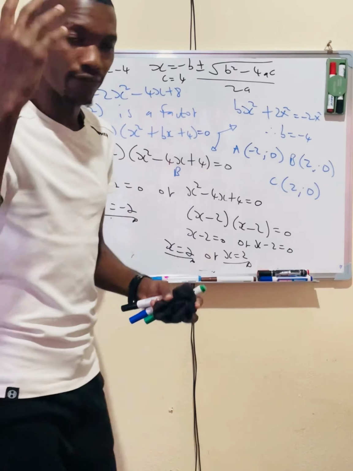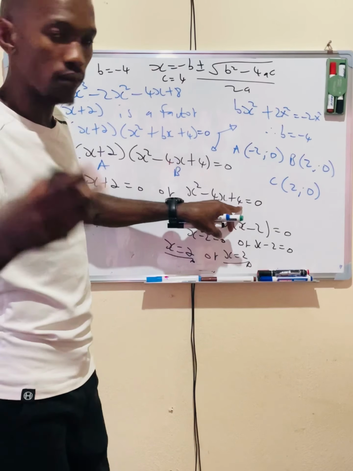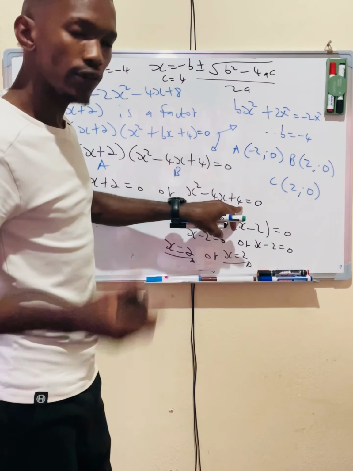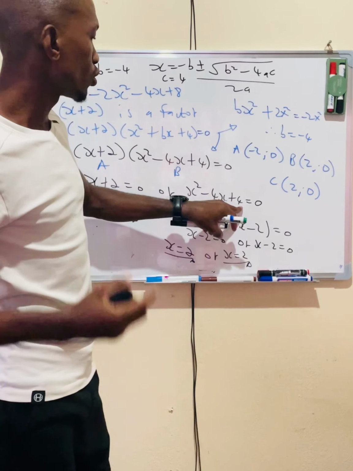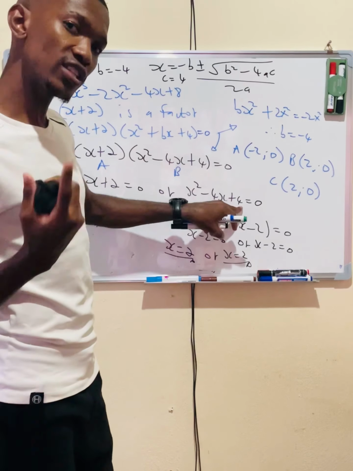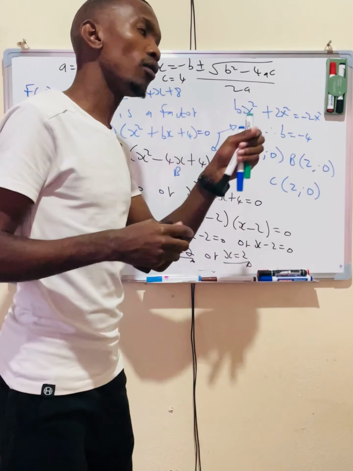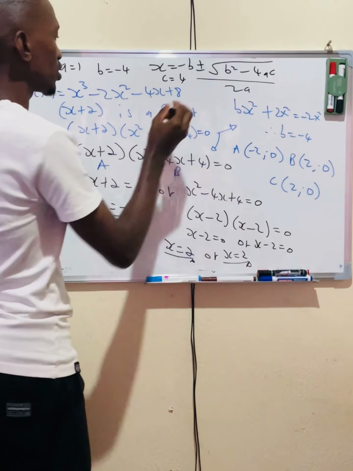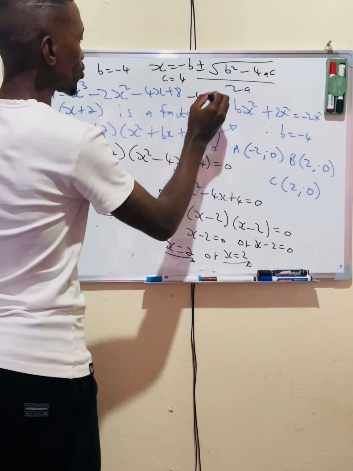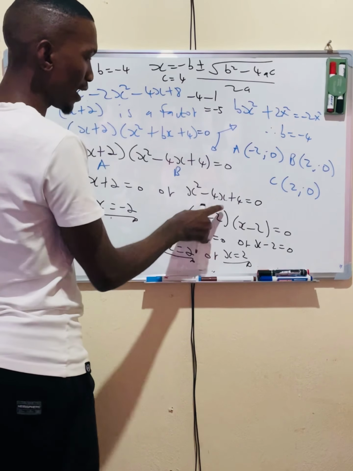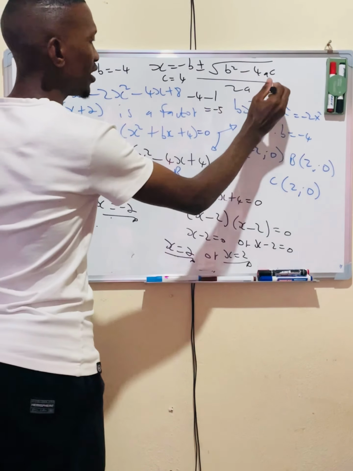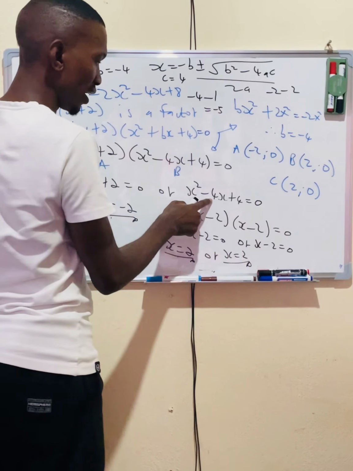Or you can also use the factors. If you know the factors of 4, it's 4 and 1, and 2 and 2. So 2 times 2 is 4, 4 times 1 is 4. But I need a sum of minus 4, let me just show you what I'm talking about. Minus 4 and minus 1 will give me minus 5. I can't get minus 4. But minus 2 and minus 2 will give me minus 4.